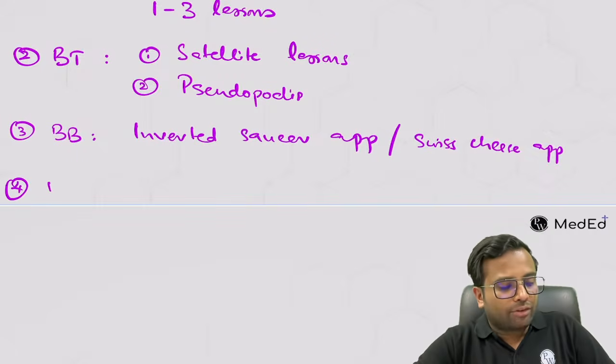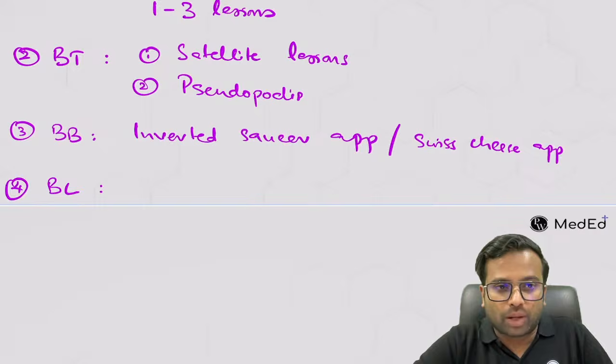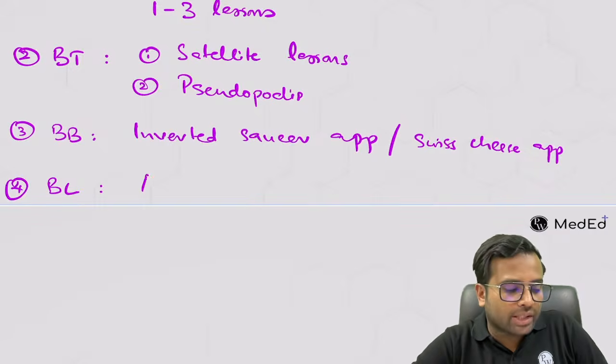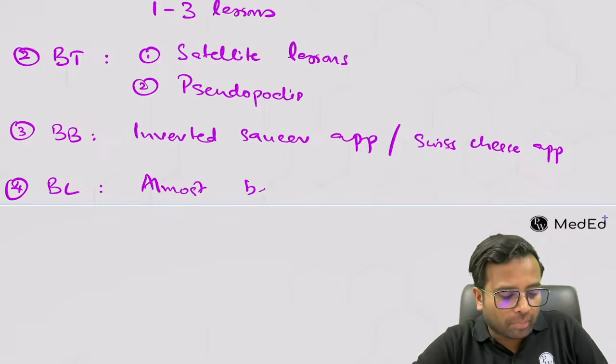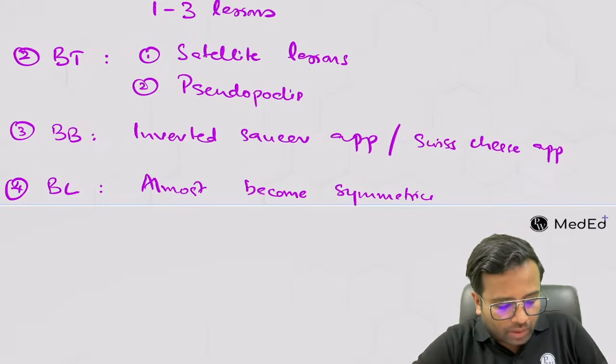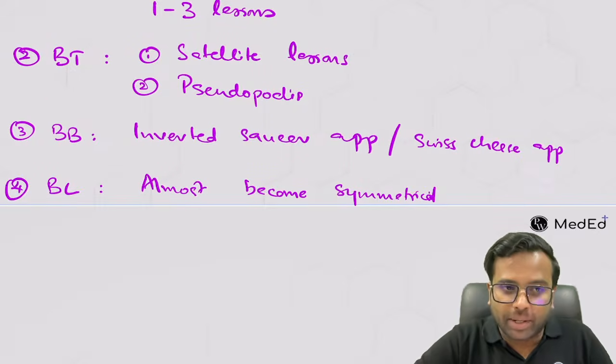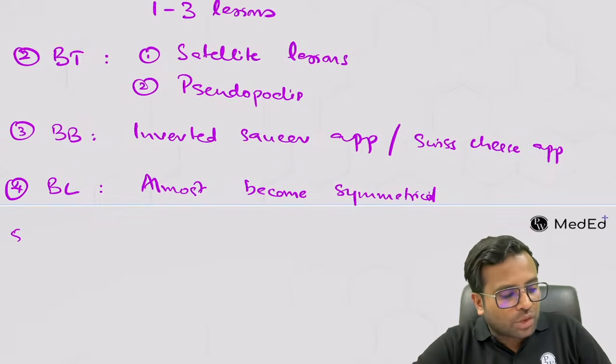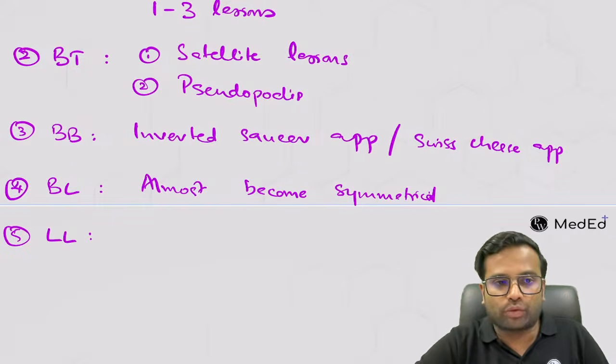And then we have the borderline lepromatous type of leprosy, where the lesions almost become symmetrical. And the last one is lepromatous type of leprosy.